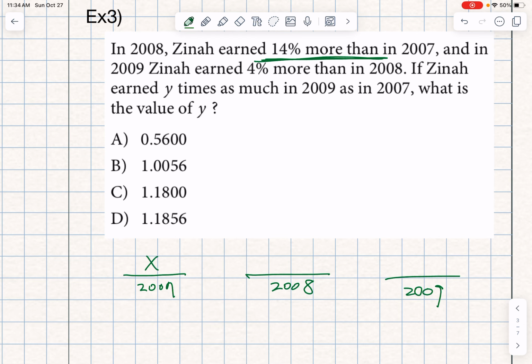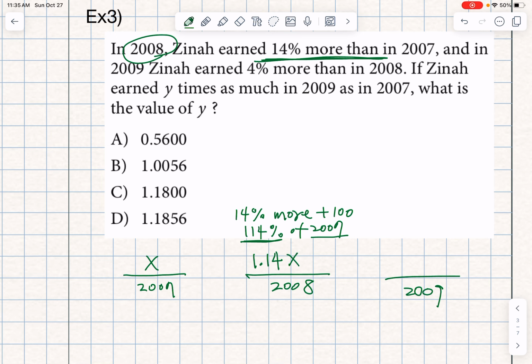And they said 2008, 14% more. 14% more means you have to add to the 100%. So 114% of 2007. Changing this to a decimal will be 1.14. The 2007 amount will be x. So multiply by x. That's how you do it.